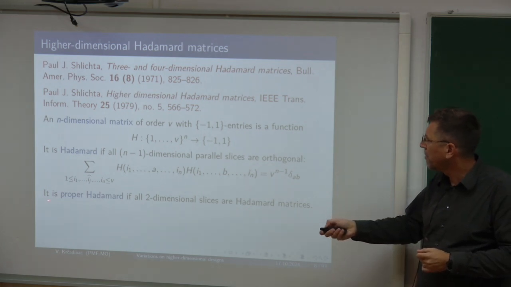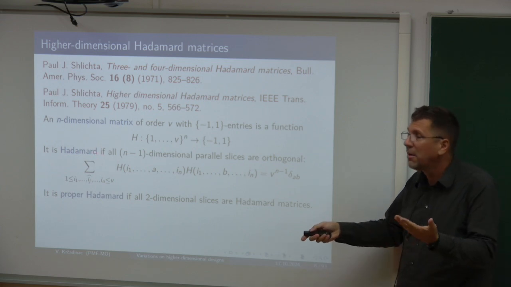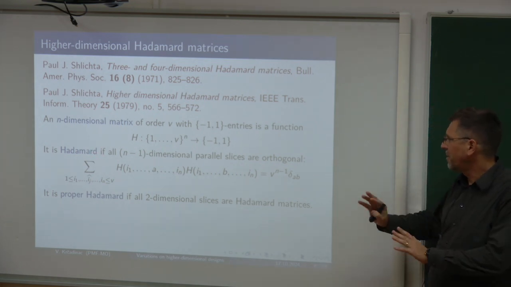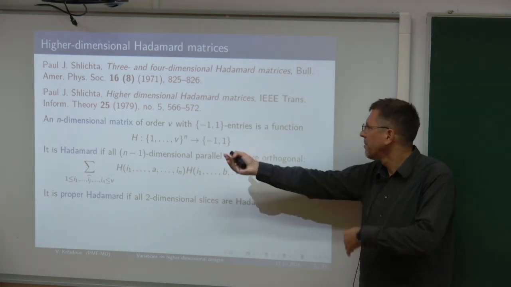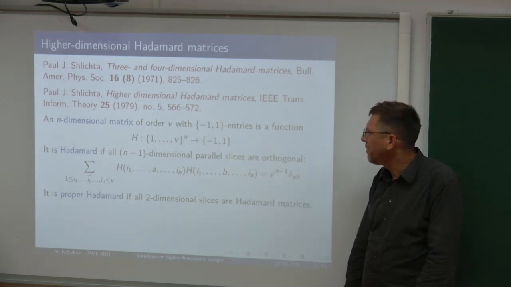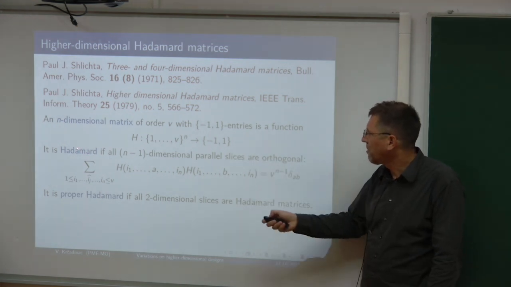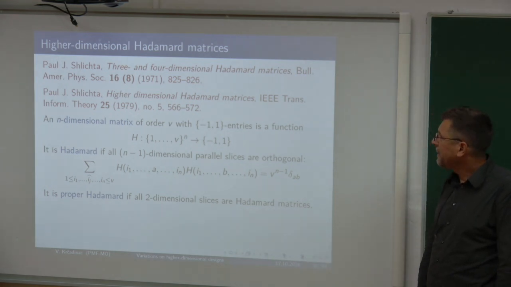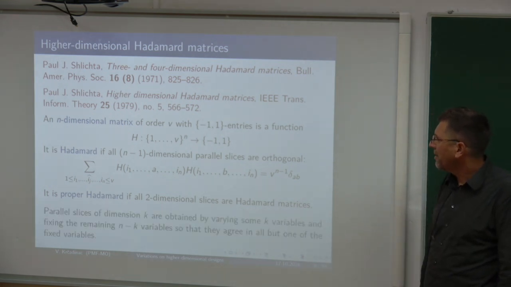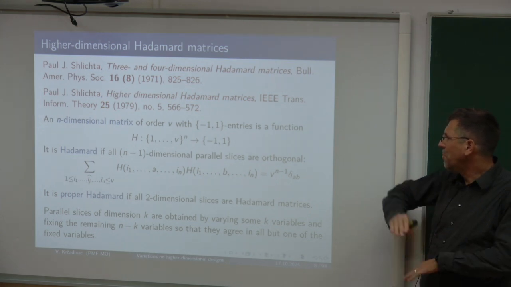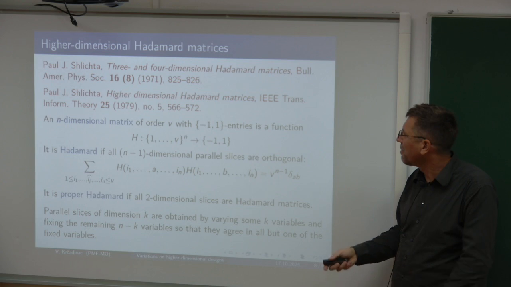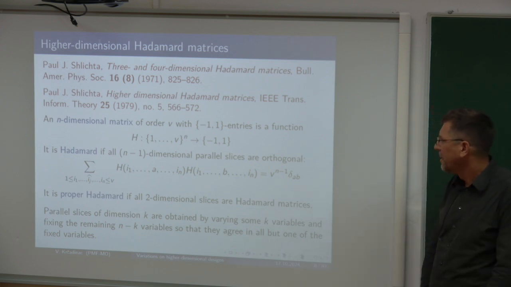I'm going to talk about proper Hadamard matrices and ordinary, let's say, n-dimensional Hadamard matrices. For n equal to 2, it's the same. But for dimensions from 3 above, this is stronger. This is really a weaker definition than this. And there are also, by Schlichter actually, in between orthogonality conditions you can impose on these matrices.